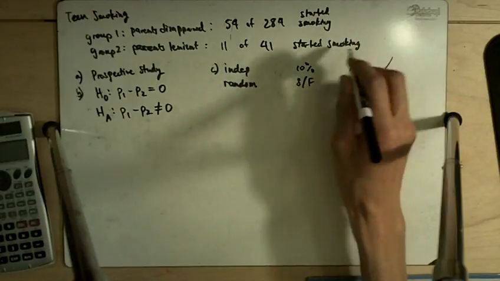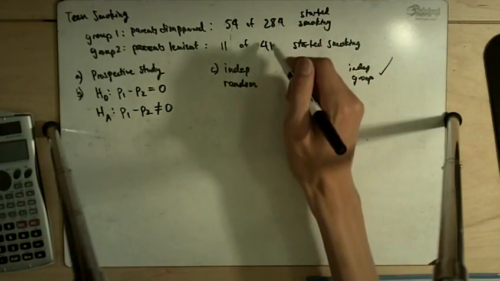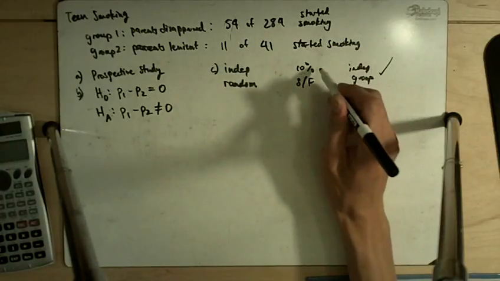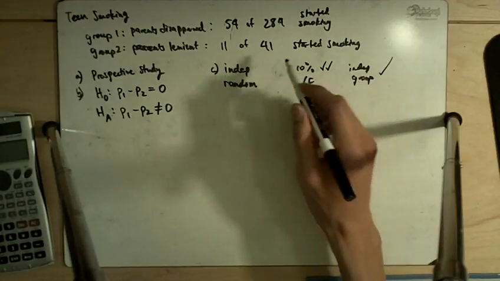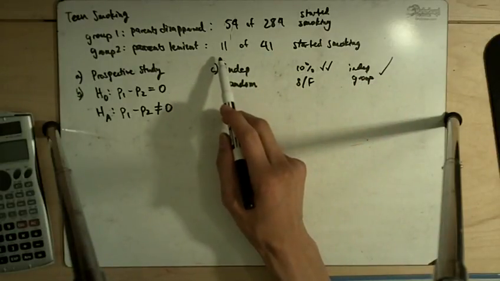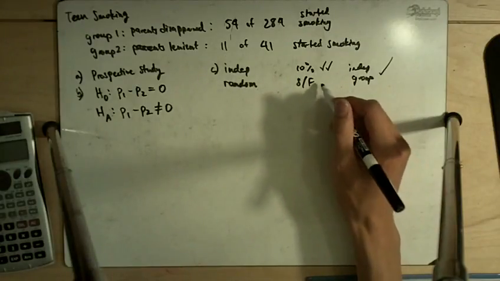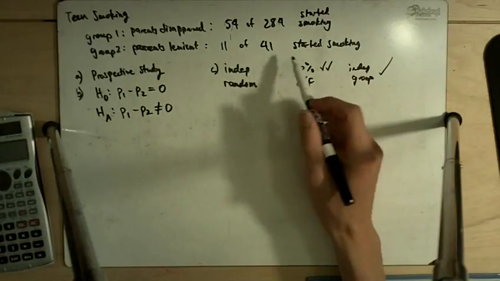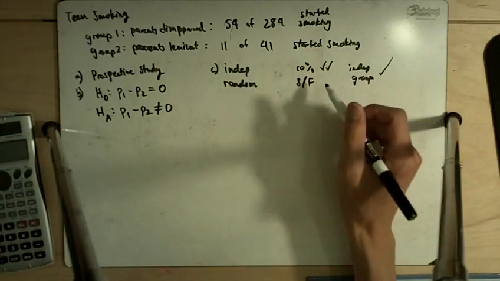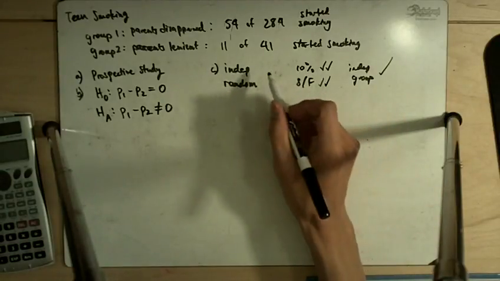What happens in one group does not affect what happens in the other group. 10% seems to be fine in both groups. I don't think we're oversampling either group. And the success-failure condition, we barely make it in terms of the successes in group 2. We've got 11 out of 41, but that's still over 10 successes. And then we have 30 who didn't start smoking and 54 and 230, that's bigger than 10.